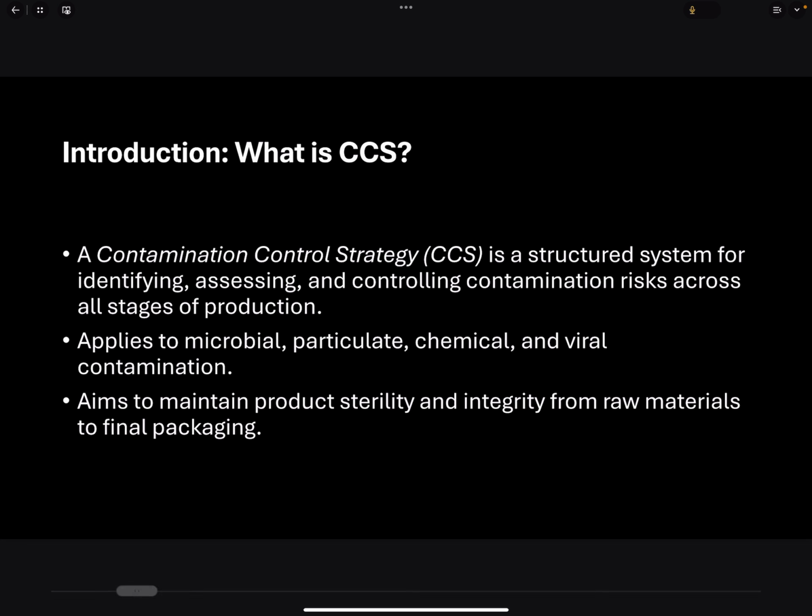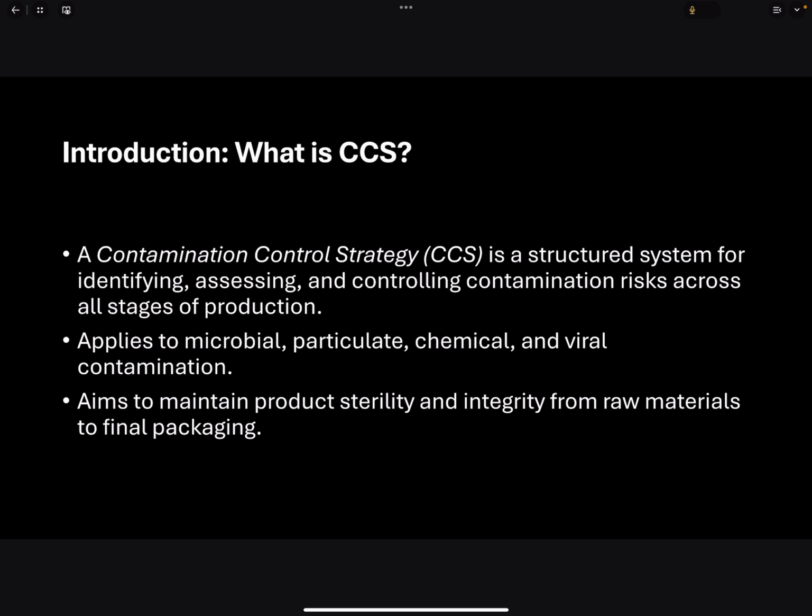So, first, what exactly is a contamination control strategy? In short, CCS is a system that looks at every single source of contamination, whether it's microbial, chemical, or even particulate, and applies risk-based controls to prevent it.